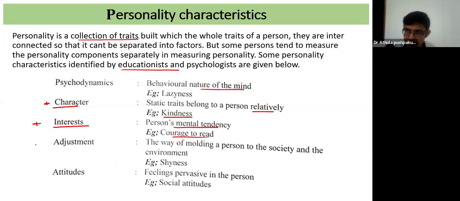The level of interest is also one of the features of personality. Adjustment, the way of molding persons to the society and environments. That means adjustment means according to some changes, right?